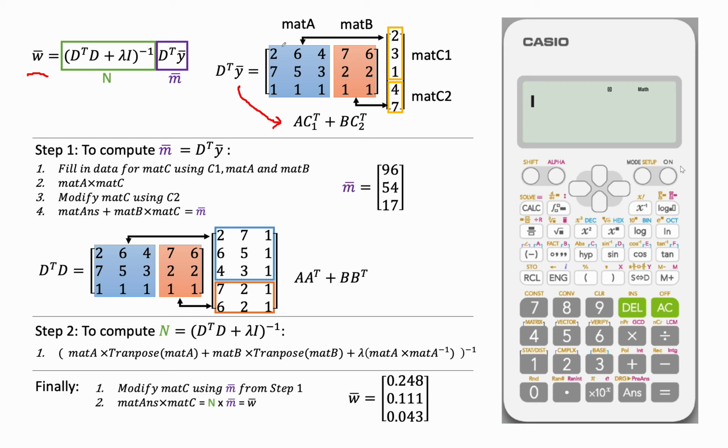We will be able to come up with different ways of splitting the matrices, as long as it satisfies the outer products view of matrix multiplication, and we manage to break the matrices down into smaller matrices that allow us to key in the entries into our scientific calculator.